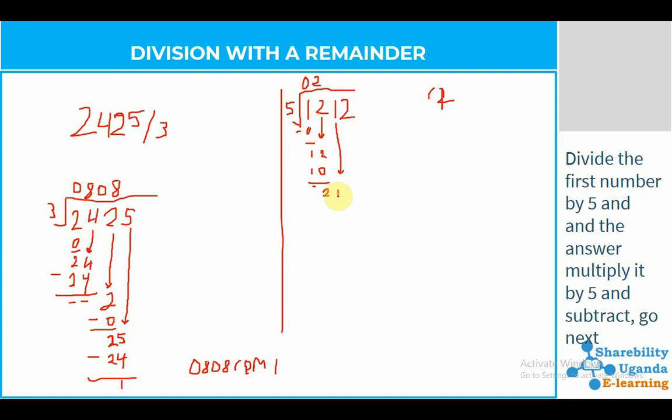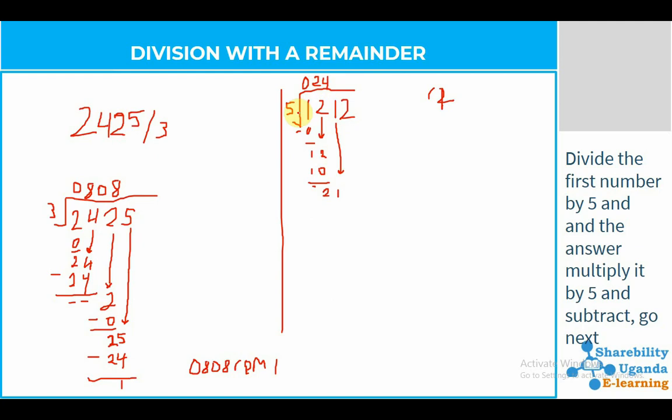Which is 1. So we say 21 divided by 5. Here we shall get 4 remainder 1.